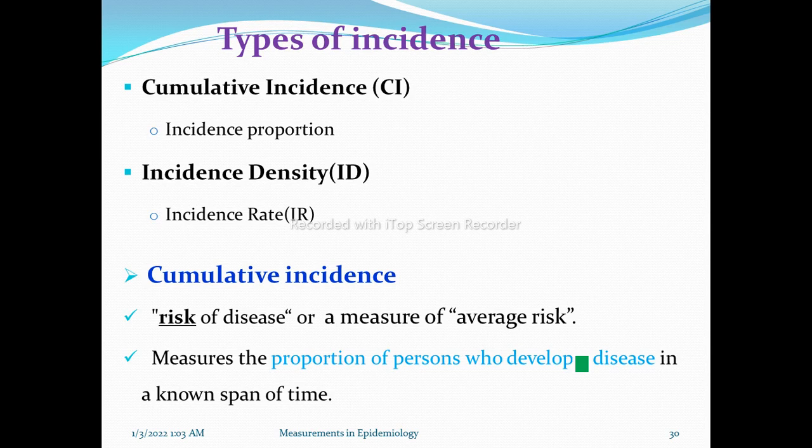Types of incidence. Incidence can be divided into two: cumulative incidence and incidence density. Cumulative incidence is similar to incidence proportion. Incidence density is similar to incidence rate.